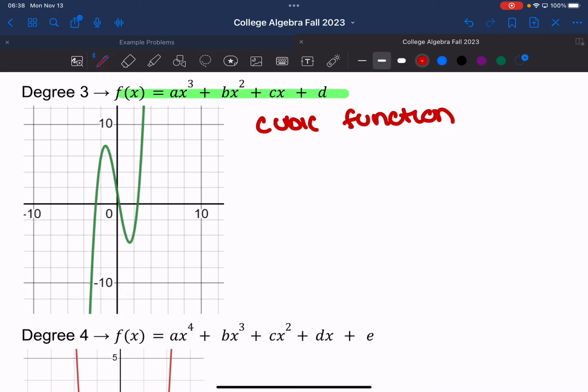Cubic function has degree 3. If we look at the x-intercepts here, remember the fundamental theorem of algebra, that definition in the beginning, said if we have a degree 3, a function that has the largest exponent of 3, that means we have 3 possible roots, which is true here. We have 1, 2, and 3.